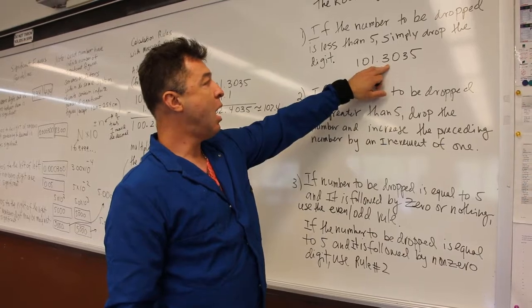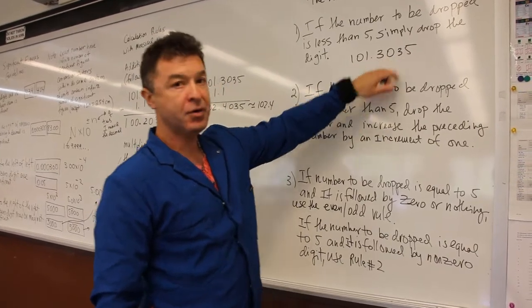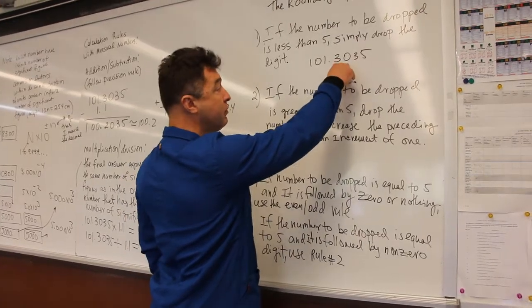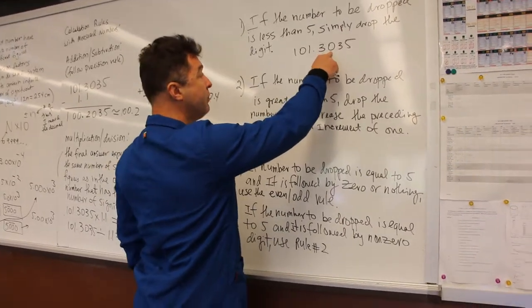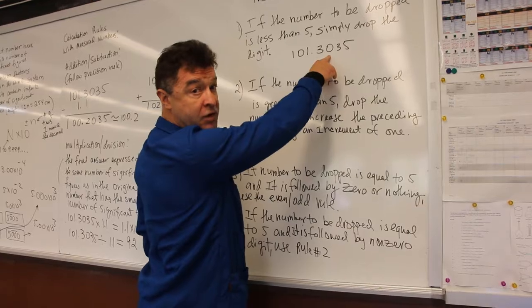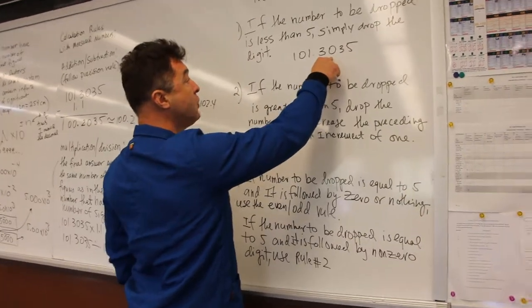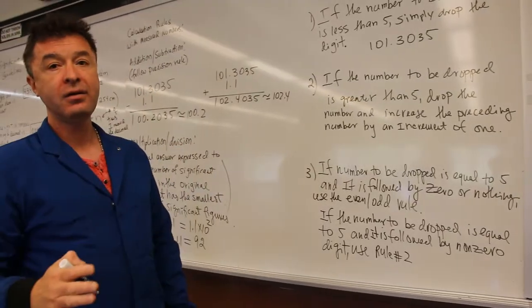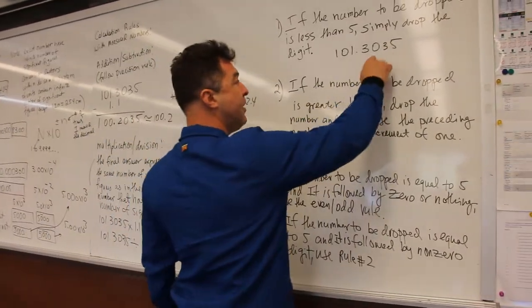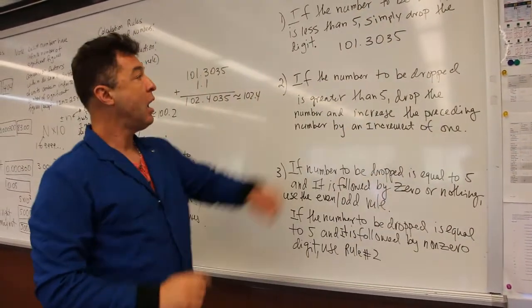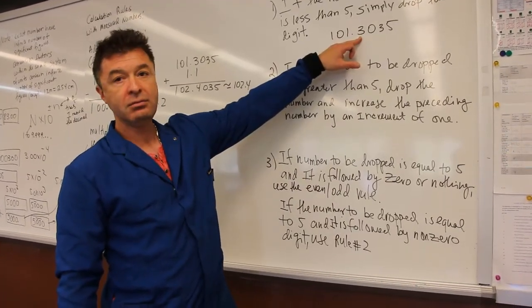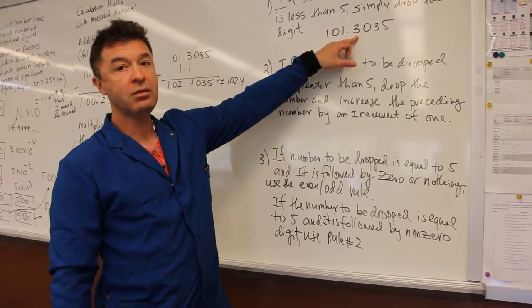So I need to drop these 3 numbers. The way I do it, I go to the first number that I want to drop, and I examine it and see if it's less than 5. And if it's less than 5, I just drop the numbers and leave the preceding number unchanged. That's it. Nothing else, nothing more.